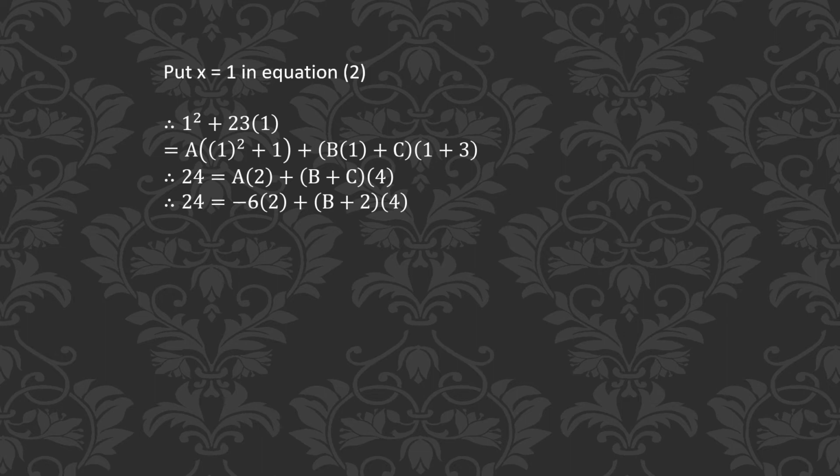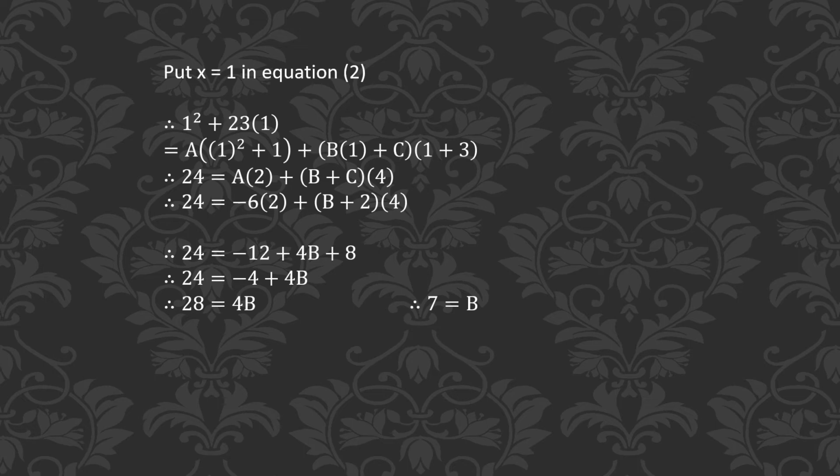So we'll put the value of a as minus 6 and the value of c as 2. Then we'll get it simplified as 24 equal to minus 12 plus 4b plus 8. So 24 equal to minus 4 plus 4b, and then we'll get the value of b as 7.